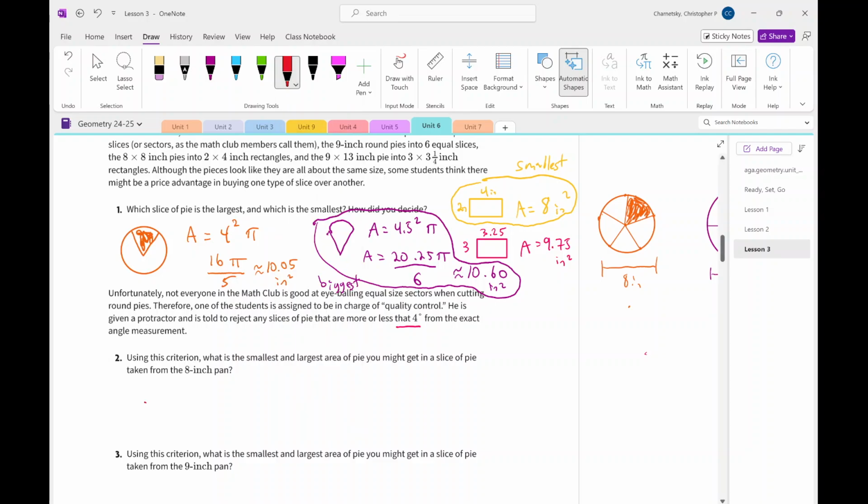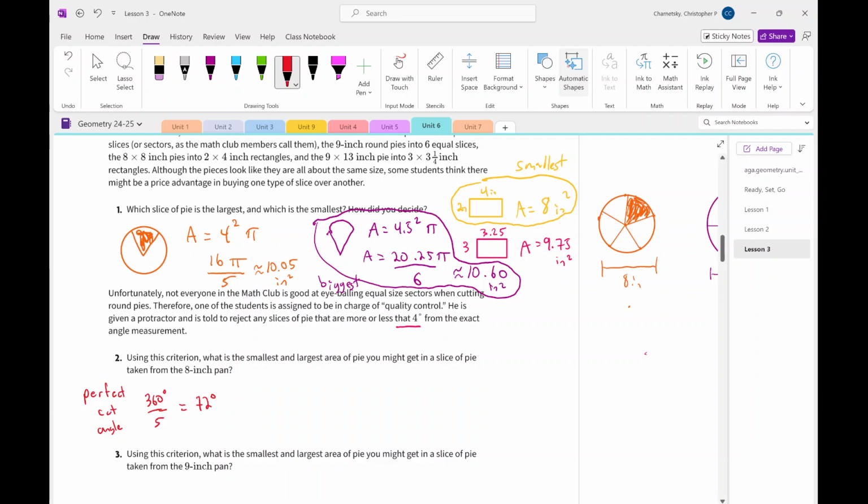The perfect cut angle is going to be 360 degrees cut into fifths, which is going to equal 72 degrees exactly. That would be a perfect cut.